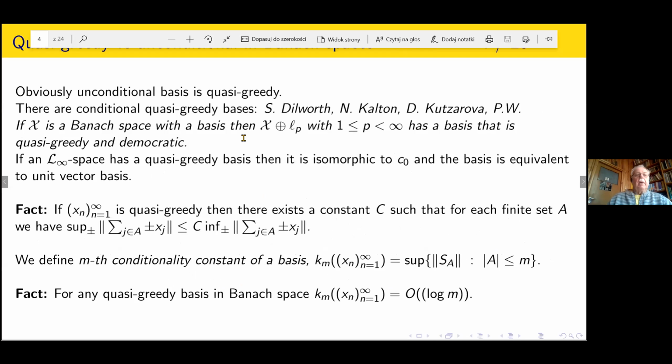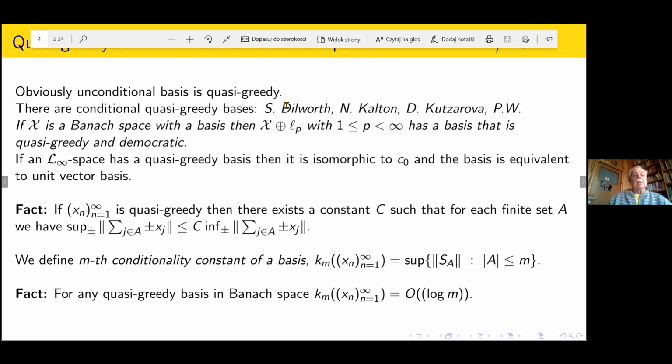Okay. Now, obviously, the unconditional basis is greedy, because for the unconditional basis you admit all the rearrangements, and here we look at only one. So there was already immediately a question of conditional quasi-greedy bases.